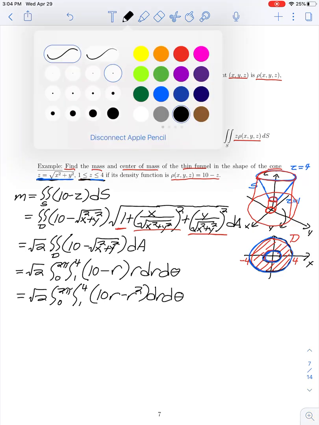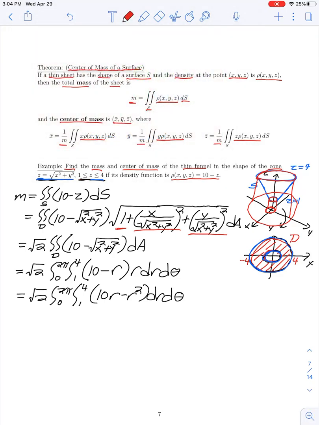So for this double integral, we can use our usual shortcut approach here. We see that this inner integral with respect to r is constant with respect to theta. So when I evaluate at the endpoints 1 and 4, I just have some constant. So I could pull that out in front of my theta integral, and then evaluating the integral of 1 d theta from 0 to 2 pi, we would have a constant 2 pi.